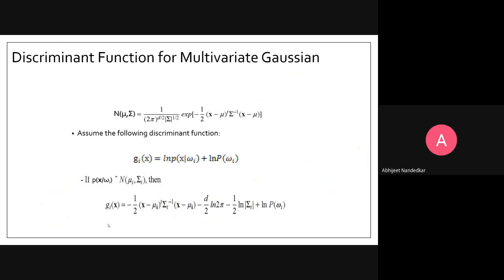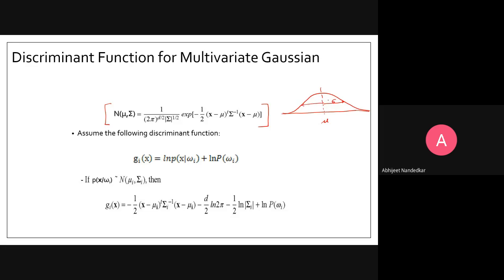Now we have seen the normal distribution form for likelihood in previous classes, so I am repeating that. The likelihood distribution for a normal case is like this. If I draw for one dimension, I assume this kind of shape. So there will be a mean of this distribution and there will be a standard deviation.